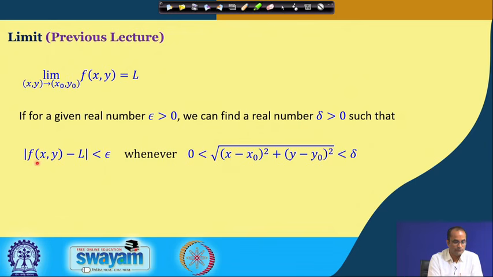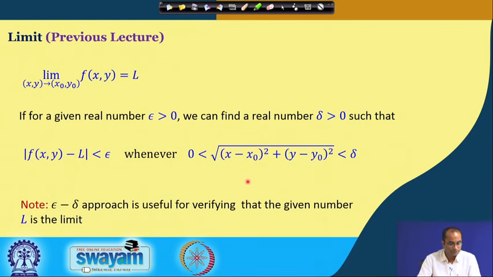So, the difference between f(x, y) and its limiting value L is less than epsilon, for an arbitrary epsilon, whenever (x, y) is in the delta neighborhood of the point (x0, y0). And we have seen that this approach is useful in verifying that the given number L is the limit, but we have to guess what the limit L is.